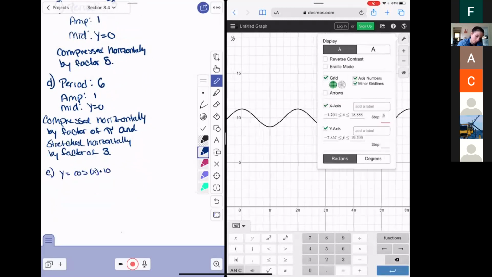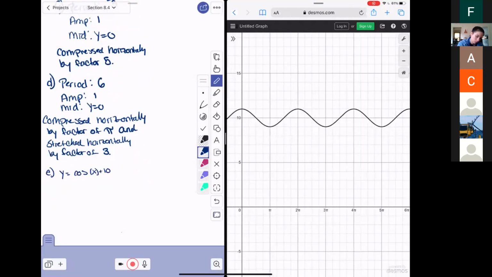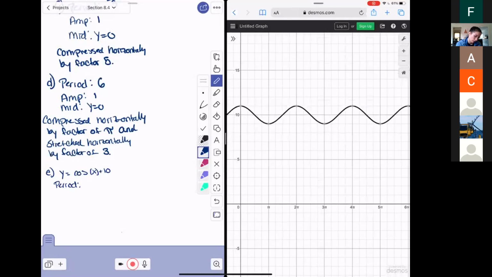Pi divided by 4. Okay. So what is the period of this? I start here at the peak, and this is where I reach the peak again. What is my period? 2 pi. 2 pi, good.